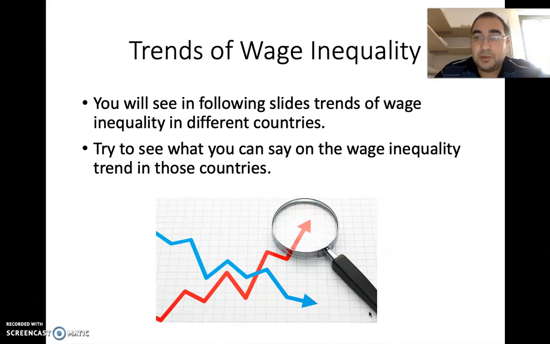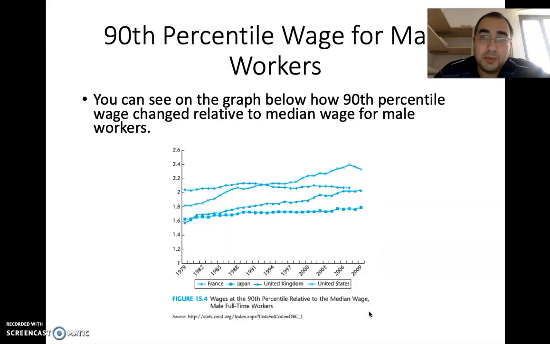So, what happened to the wage inequality? Well, unfortunately, the main description is for the United States, although you might ask what happened in other countries also based on these factors. I mean, which of them are true for the whole world also. Basically, you can see the 90th percentile wage divided by the median wage. So this is top to medium.